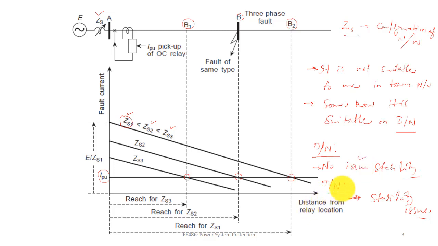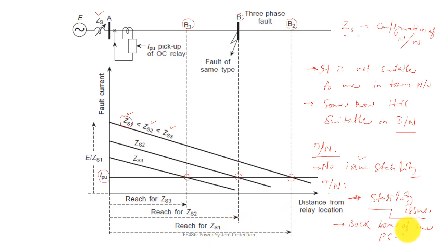But if some maloperation happens in the transmission network, it causes a stability issue in the whole transmission system. In fact, the transmission network is the backbone of the power system, right?